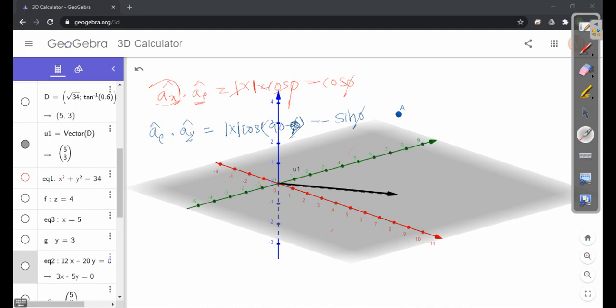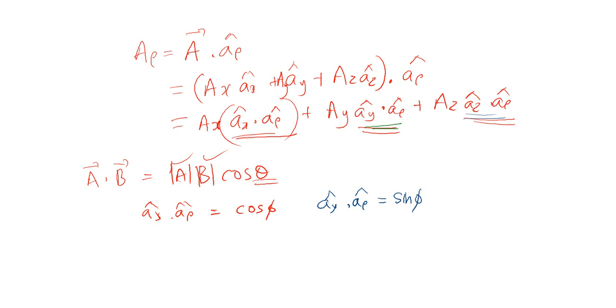Cos 90 is 0. So we can directly write arrow dot AZ cap is equal to 0. So we got all the three relations: AX dot arrow, AY dot arrow, and AZ dot arrow.